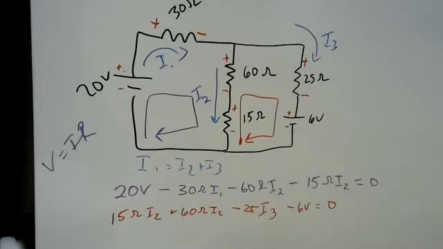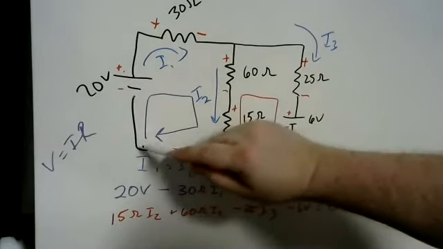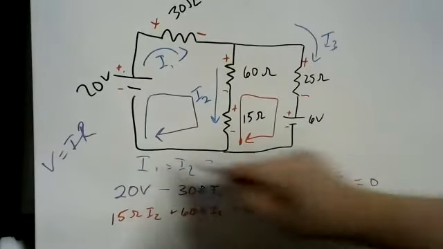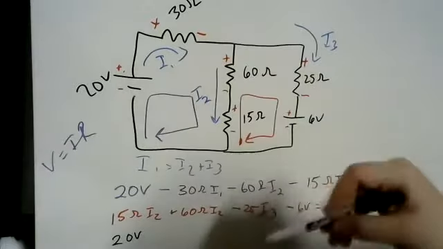Now I am going to do the outer equation. Right, so it's going to start in this corner. It's going to go all the way around the outside. I'm not going to draw it here because the drawing is getting a bit busy. But this fourth equation will be 20 volts, negative to positive again.